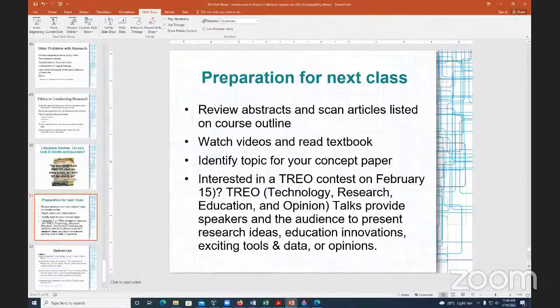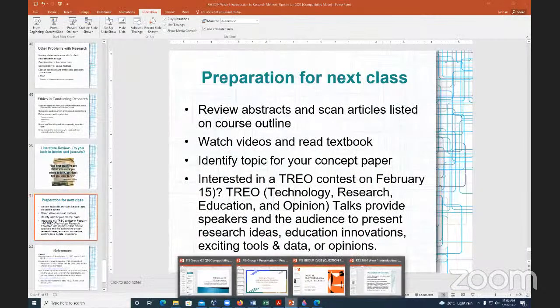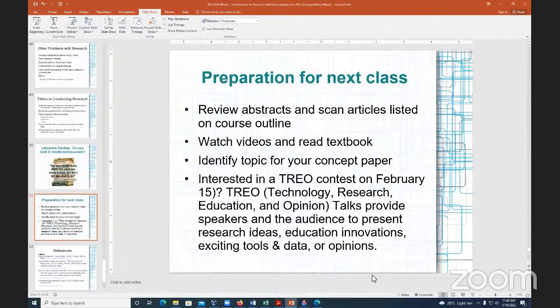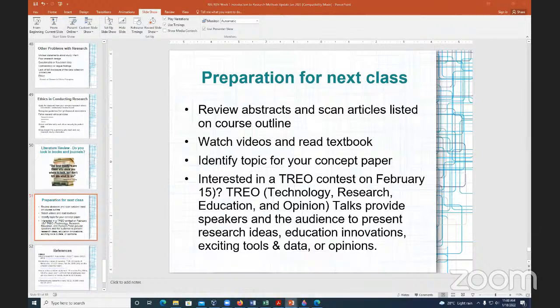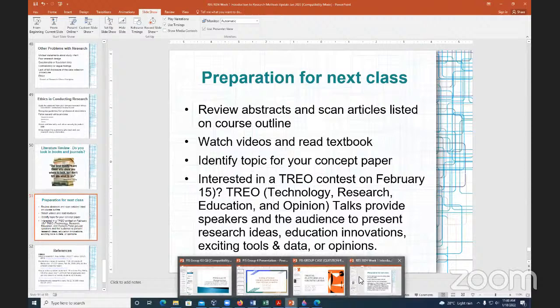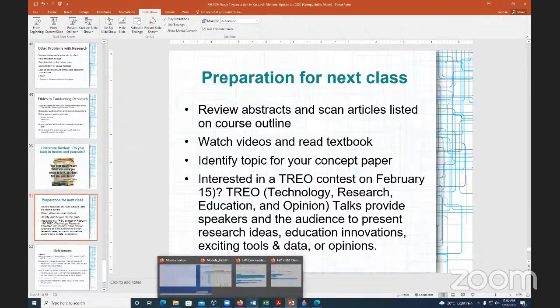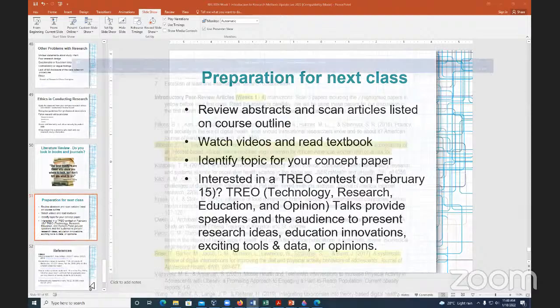Or is this not enough information to know if you'd be interested? Because I'm planning to give more information next week. Anybody here thinking that they might be interested in giving a talk? Natasha, does that mean you're interested? The information that you're going to provide next class.